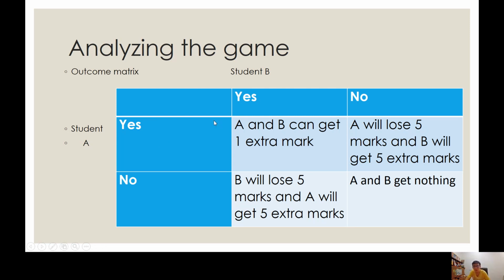If A and B choose yes, A and B get 1 extra mark. If student A chooses yes and student B chooses no, A will lose 5 marks, while B will gain 5 marks. If student A chooses no and student B chooses yes, B will lose 5 marks and A will gain 5 marks. If both of them choose no, then A and B will get nothing.